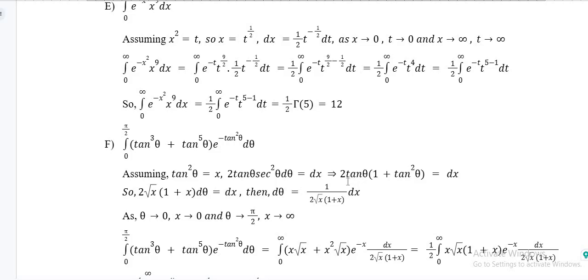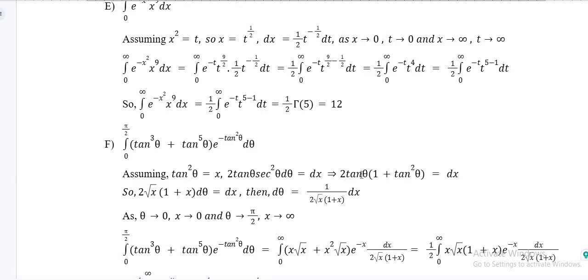If you take 2 tan theta common, this becomes 1 plus tan square theta d theta. So we can write this in a simplified form. Tan square theta is equal to x, so inside the bracket this is 1 plus x.